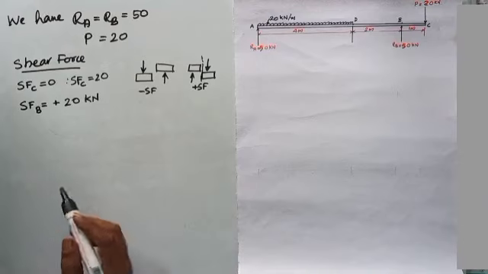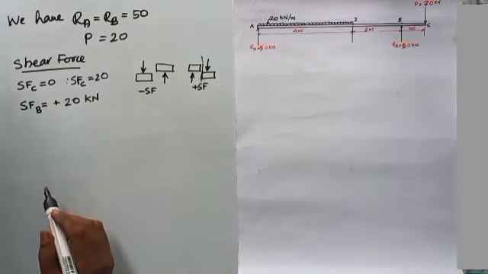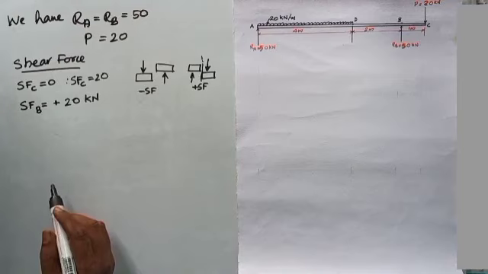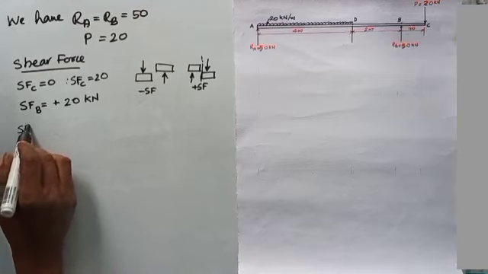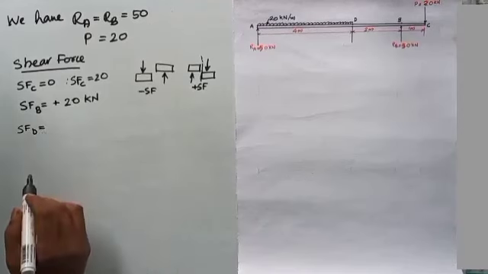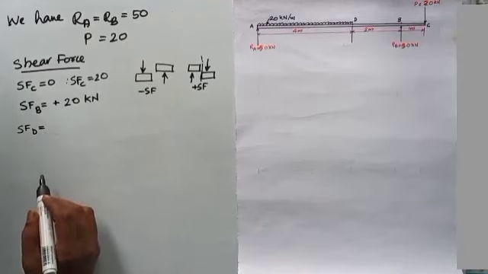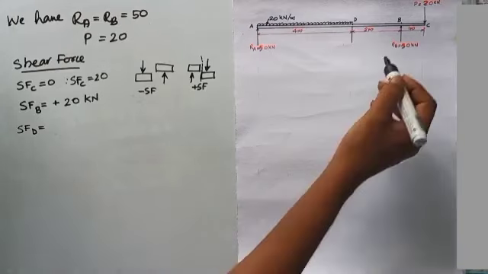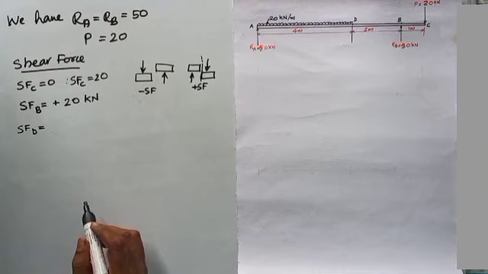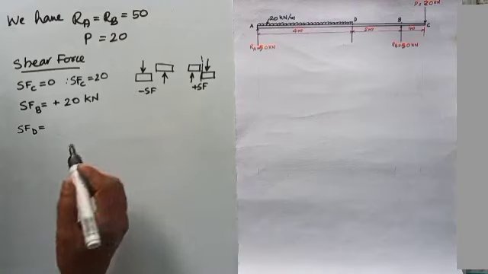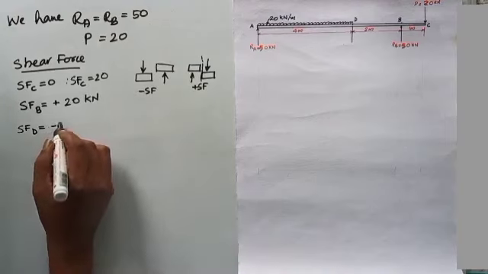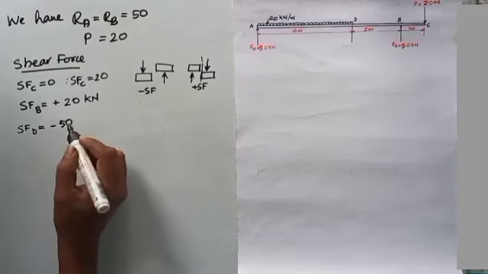Now, if you move to the left side, the shear force at D will be equal to all loads in the right side of D. First comes this reaction RB. RB is acting upwards, so it will be negative, so minus 50.